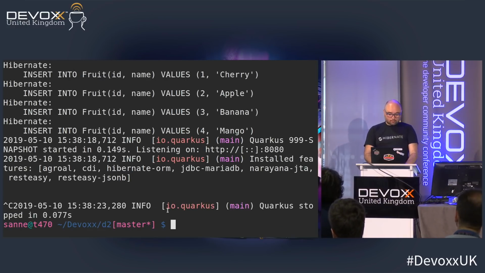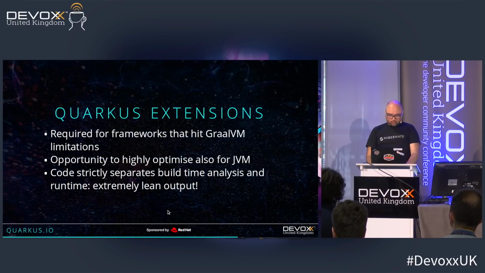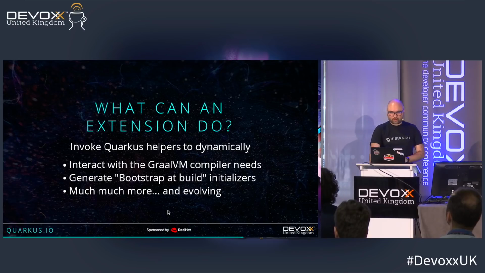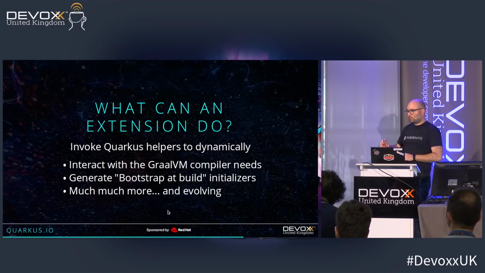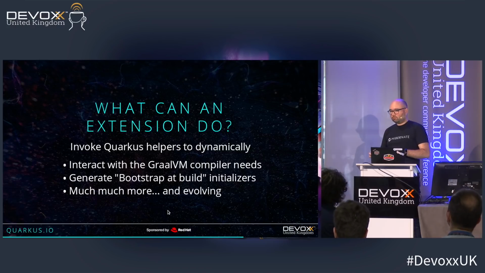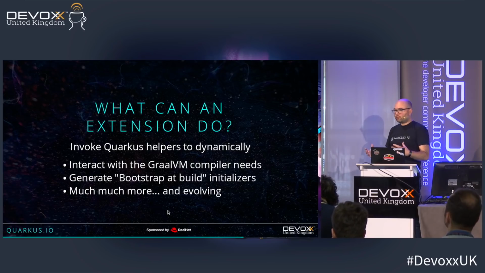OK. I have just 2 minutes left. So let me go quickly to, oh, this is actually it. Perfect timing. So keep in mind the extension is doing several things. It's not just making it compatible with the GraalVM compiler. It's also giving you this hot reloading capability and making the whole framework much more efficient.